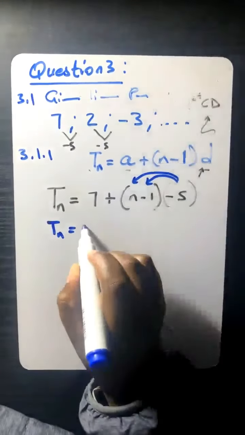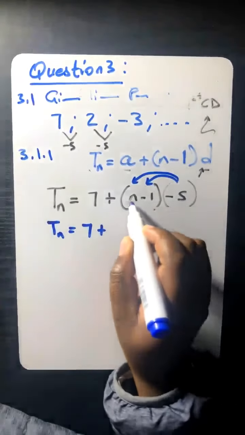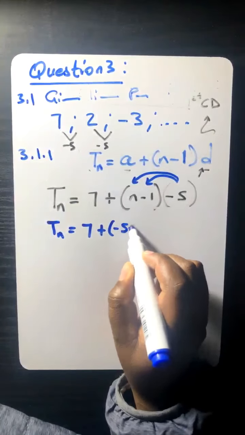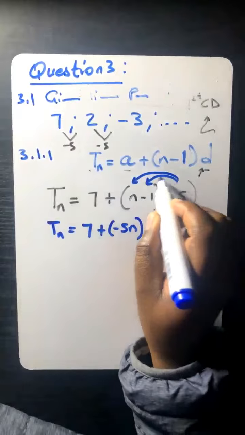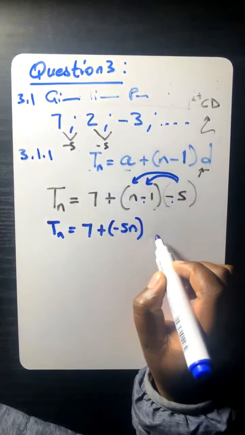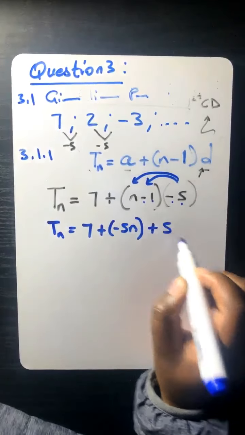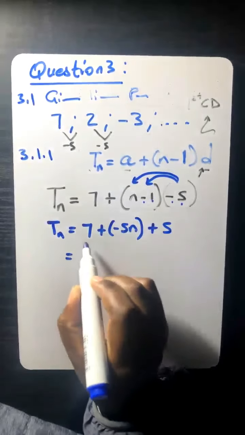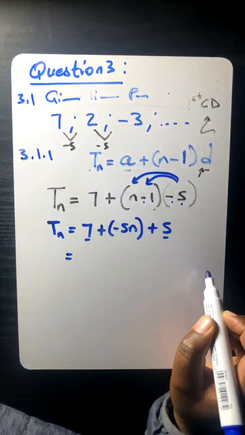So remember, you just have 7 plus, this multiplied by that, it's giving you a -5n, and then that times that, it's negative times negative, it's a positive. 1 times 5 is 5, so that means you're having +5 over there. So can you see you've got the constant terms that you can work out?